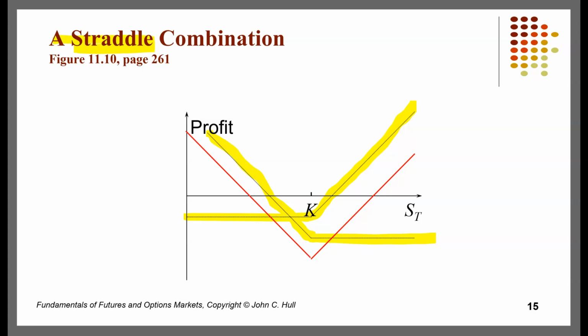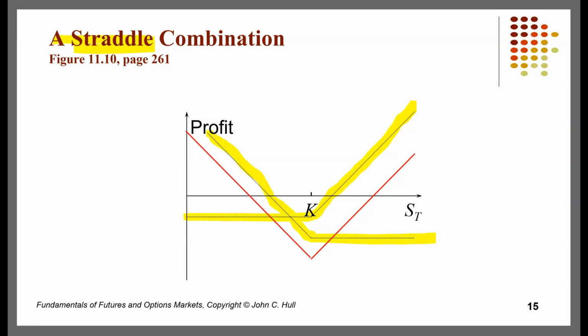Early on, when we were working with the spreads, we always looked at the difference in options of the same class, right? Two calls, one long, one short, and so on, or two puts, one long, one short. In this case, we are looking at one call, one put, and we take the same position in the two, so there's going to be a long call and a long put.